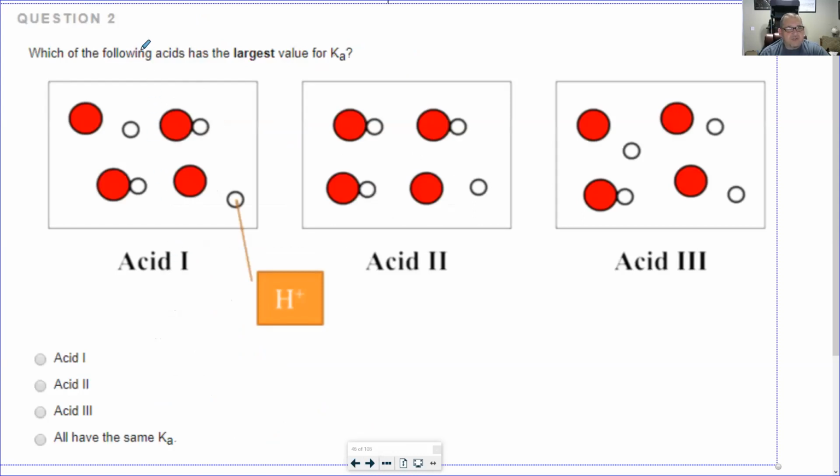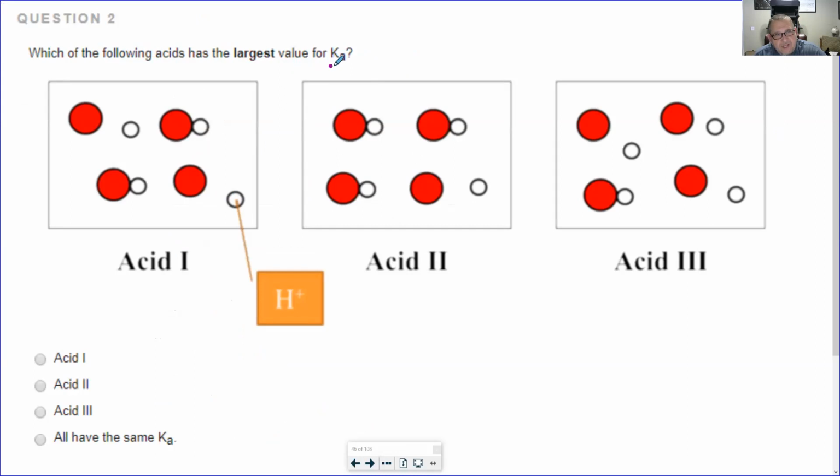The second question asks, which one of the following acids has the largest value for Ka? Ka describes the strength of the ionization constant. The larger the value for Ka, the stronger the acid is in a system.